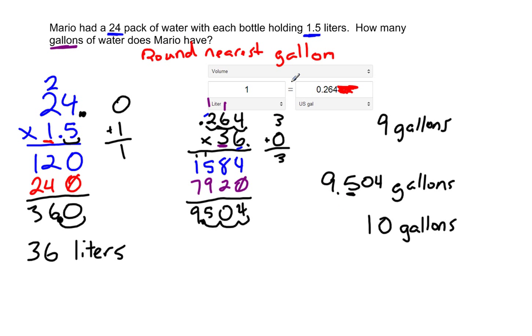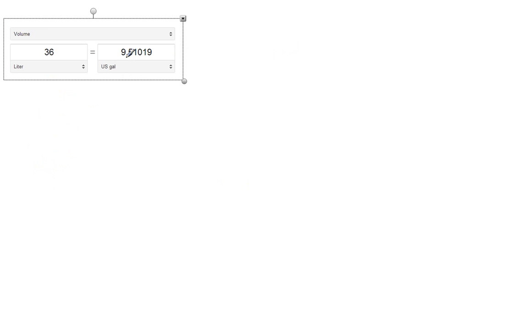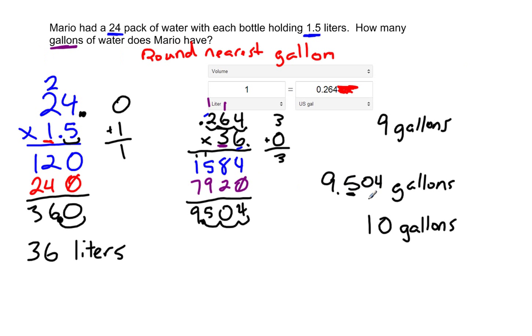Okay? And if you didn't believe the answer, we can actually use our Google converter to help us out here, and it says that 36 liters is 9.51019. So by using those extra decimal places, that we see it changes by what? 510 from 504.